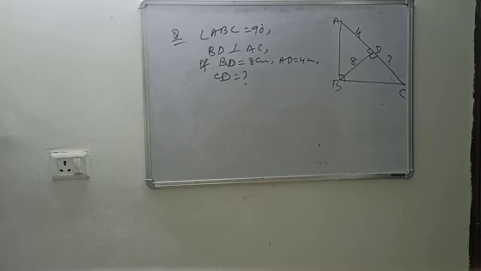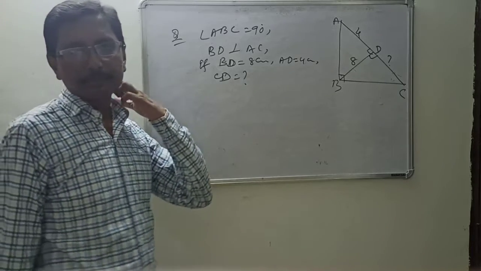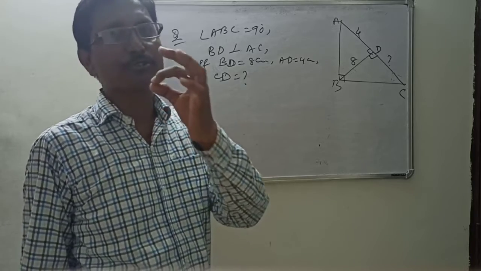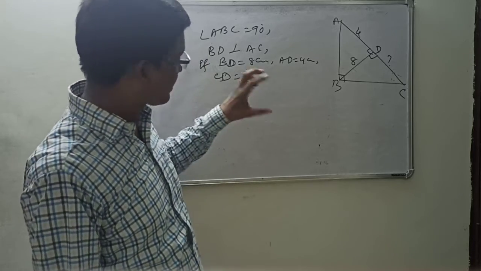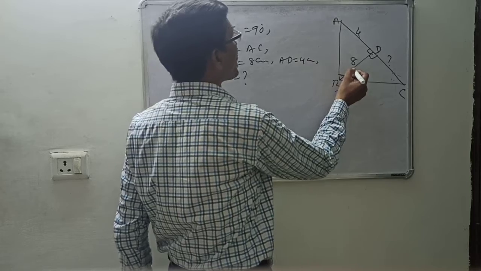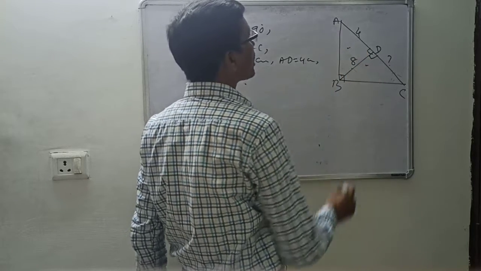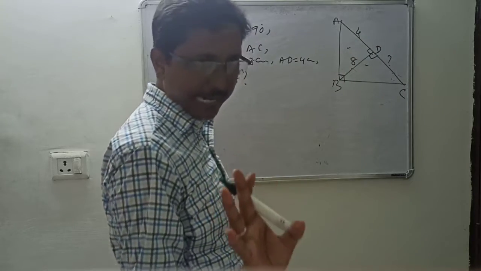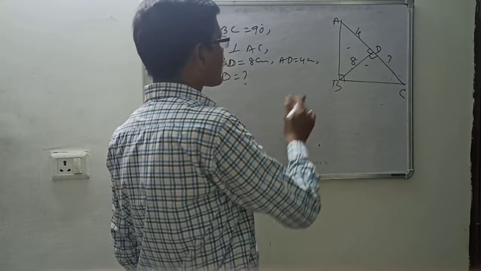So from this given condition, similarity is the most important part. First of all, selection of triangle. In this case, BD is part of the two smaller triangles, because you are having two smaller triangles and the whole triangle. Three triangles you have.